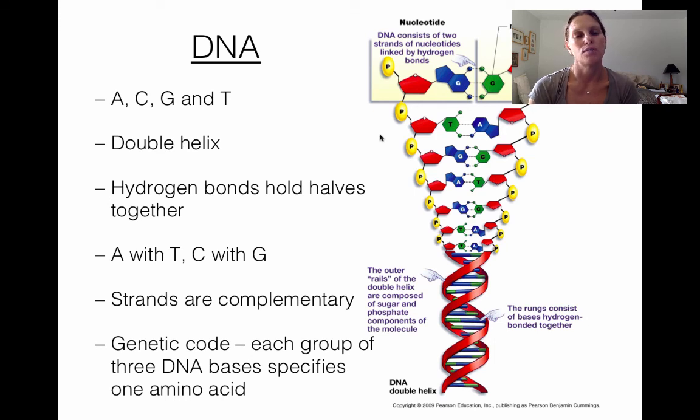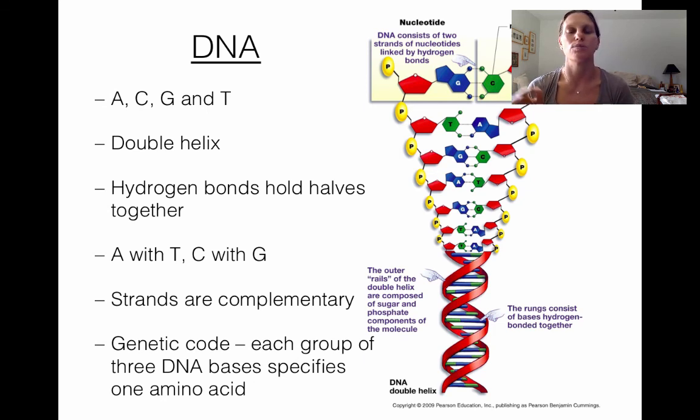But what is important to note is the very bottom here, and the real significance of the DNA is that it has the entire genetic code. I think I've said this already in our class, but every cell in the body has a complete set of DNA, a complete set of blueprints, if you will, for everything that you need.